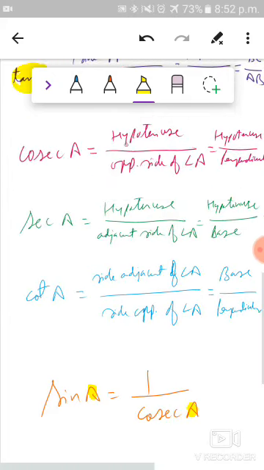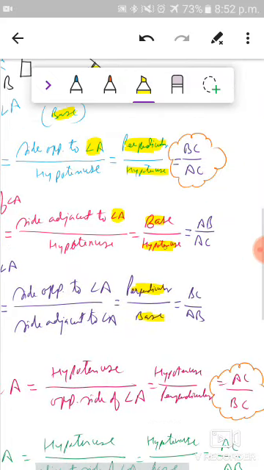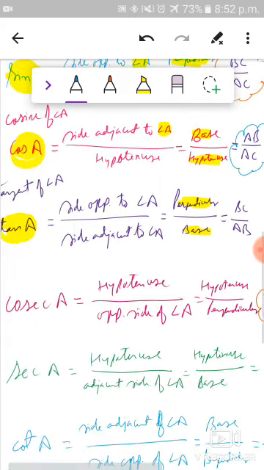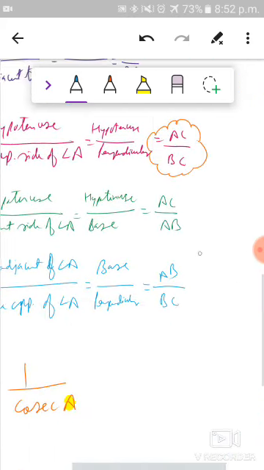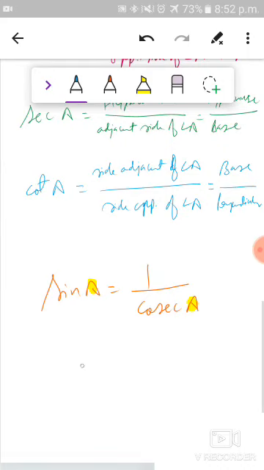Same like this, cos A is AB by AC, and here sec A is AC by AB, right? So we can say cos A is equal to 1 by sec A. Again the same angle.